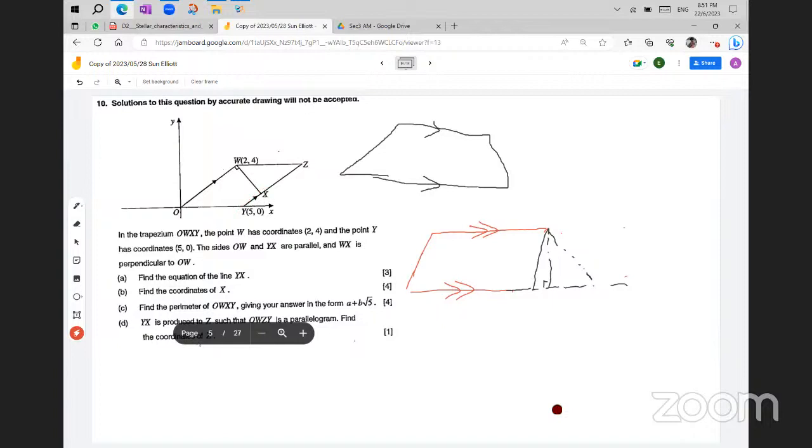And later on, if they ask you for area, this one doesn't, but if they ask you for area, you will hopefully also find it easier to find the area. So realizing how it is a trapezium is an important thing in our reading of the question.